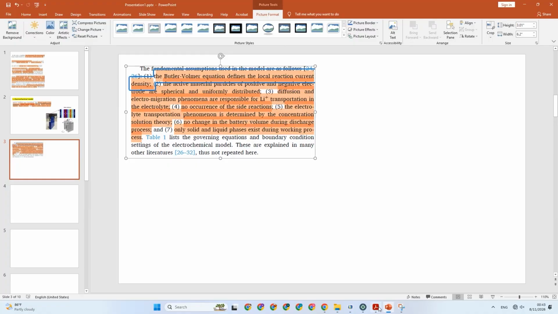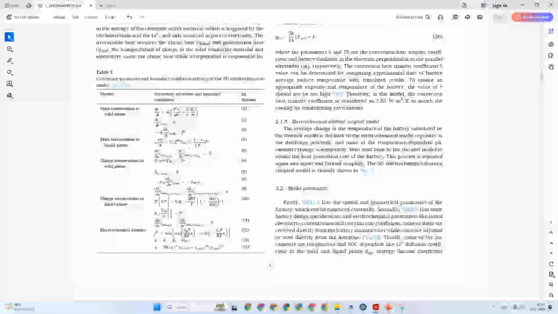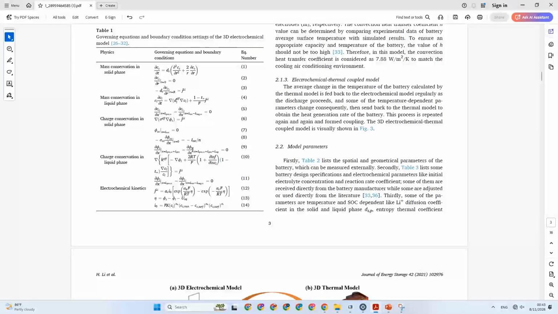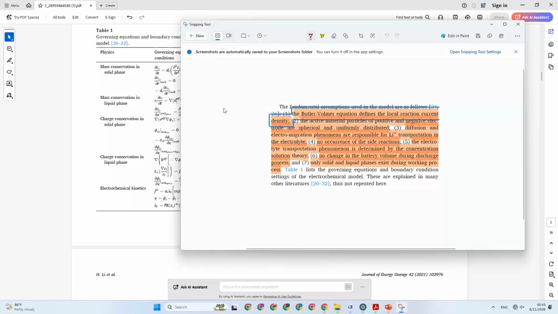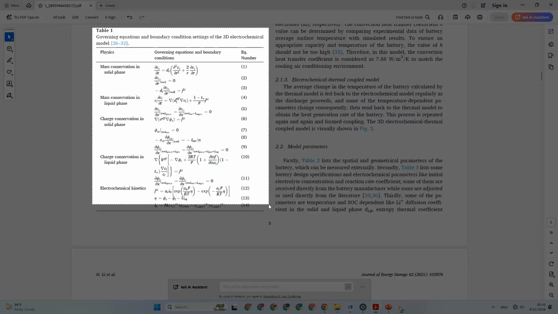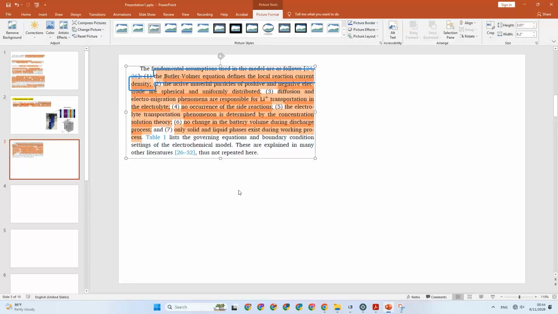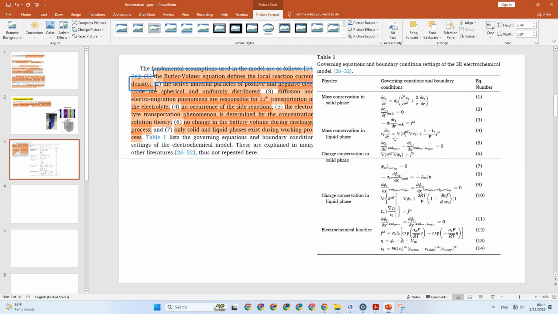Okay, and we can see table 1, governing equation and boundary condition setting in the 3D electrochemical model. Nice, it will help us. Let me show the new table 1. I just copy that and bring it here. Very nice.